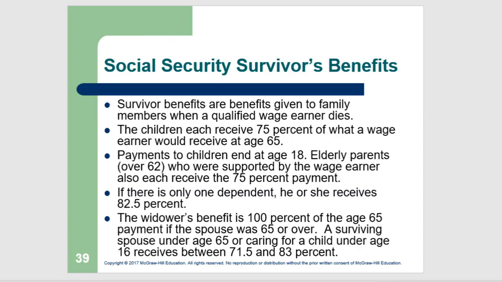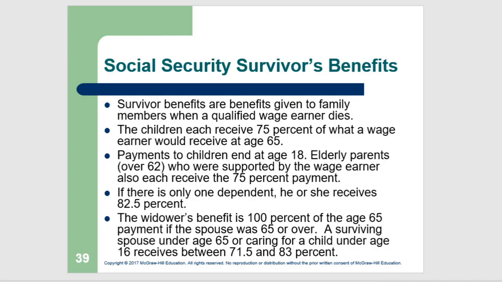Social Security survivors benefits. As Social Security, you collect in retirement based on how much you paid in, but also if you die, your survivor is able to collect as well. So a spousal survivor, right? Surviving spouse, surviving kids up to age 18, elderly parents who are supported by the wage earner, right?